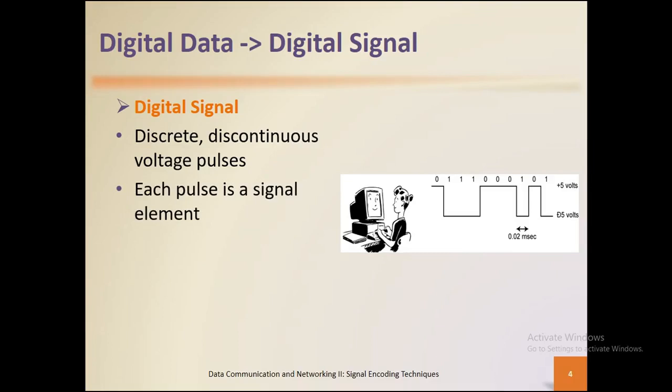Now, a digital signal is a discontinuous, discrete voltage pulse. In other words, signals that have digital representations are not continuous with respect to the electrical signal, the voltage pulse that goes with it. Each pulse of the signal is termed a signal element.